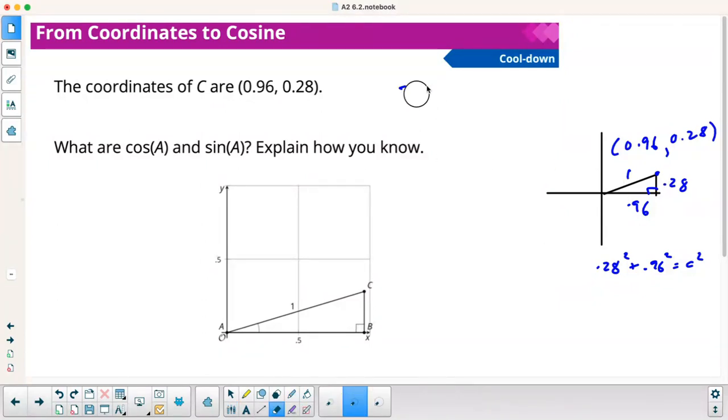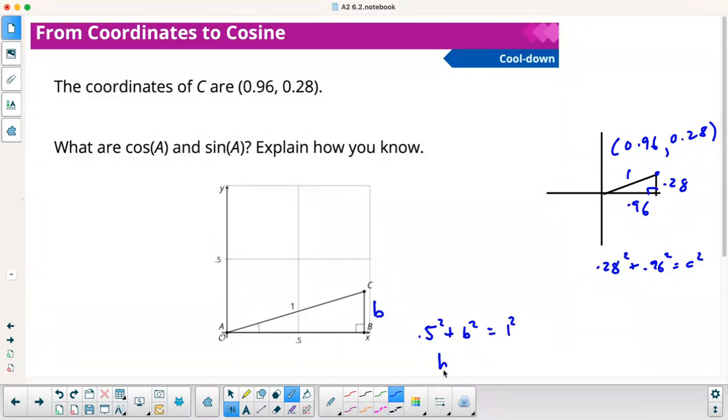On this one here, I could find this value here: 0.5 squared plus b squared, if this side is b, equals 1 squared. If I keep it exact, I'm going to get 3/4. And then that's going to be square root of 3 over 2, because you square root the 3, square root the 4.